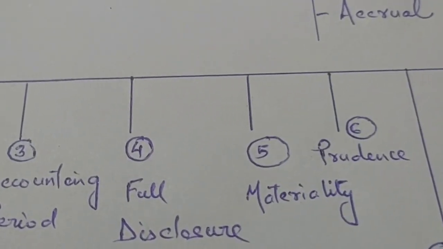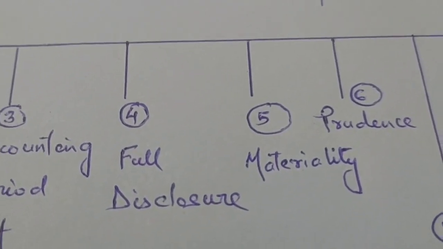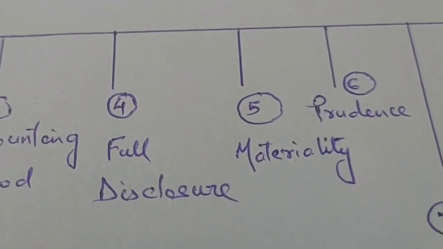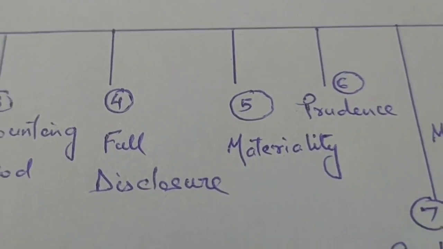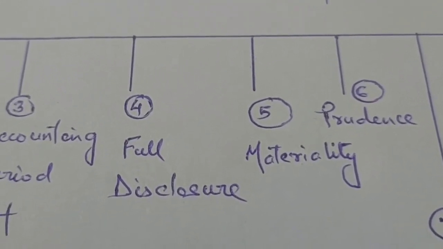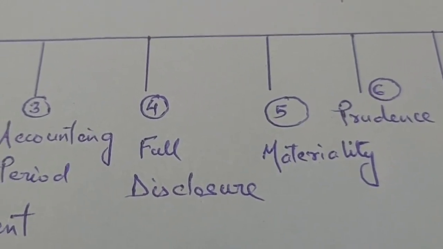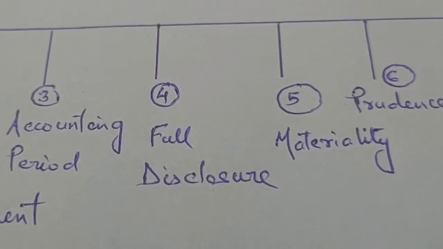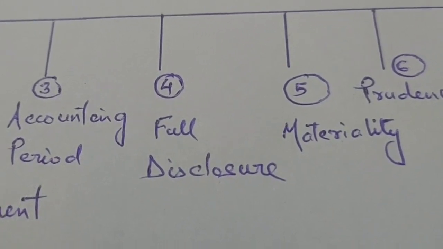The next point is prudence. The principle of prudence says that we should record the transactions in such a manner that we ignore all expected gains, but we record all expected losses.